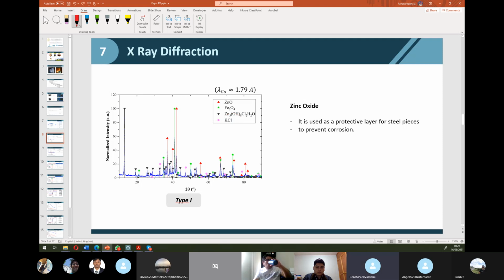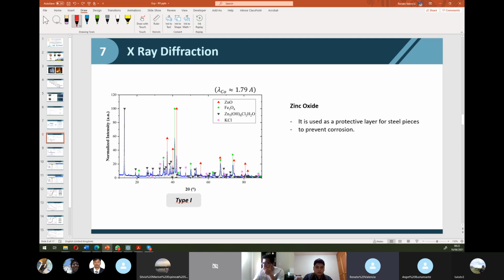Why is there zinc oxide? Zinc oxide is used as a protective layer for steel pieces to prevent corrosion. And so zinc oxide is here in this sample.